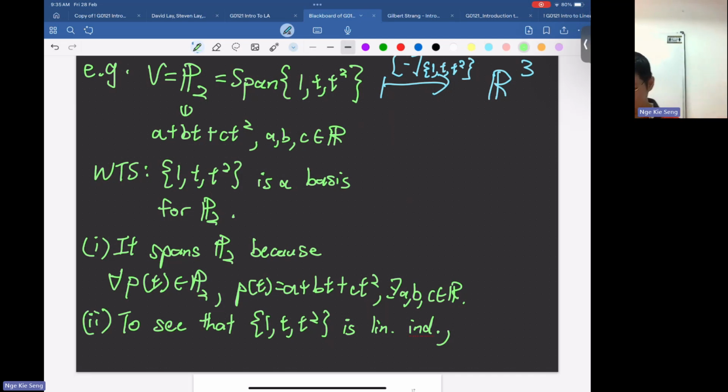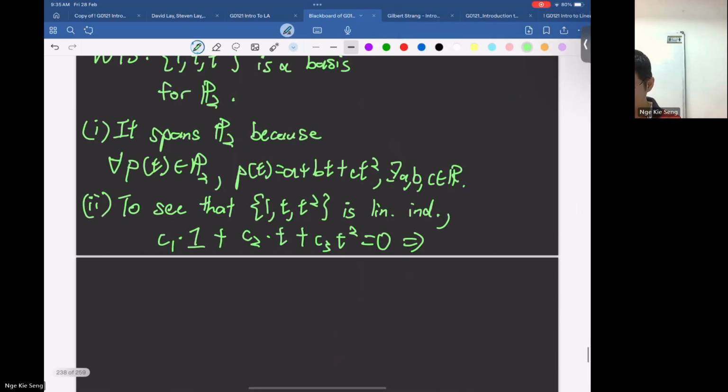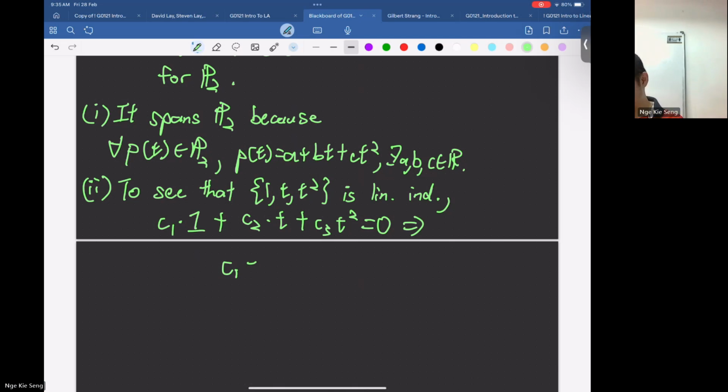We need to check that if C1 times 1 plus C2 times t plus C3 times t squared equals 0, then C1 equals C2 equals C3 equals 0, that 0 is the only solution.